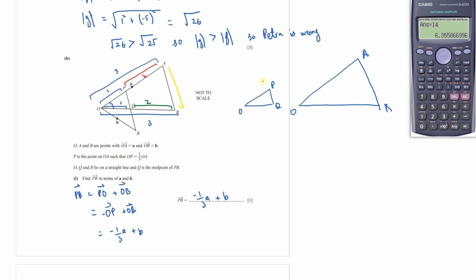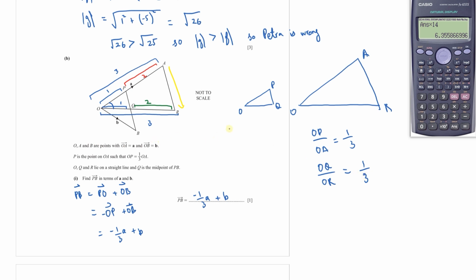If I look at the ratio OP over OA, this length OP over this full length OA, this is 1 over 3. OP is 1, OA is 3. And then if I look at the ratio OQ over OR, this OQ over this full length OR, again OQ is 1 and this full length OR is 3.